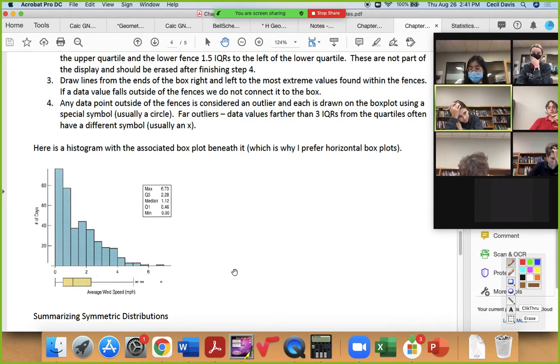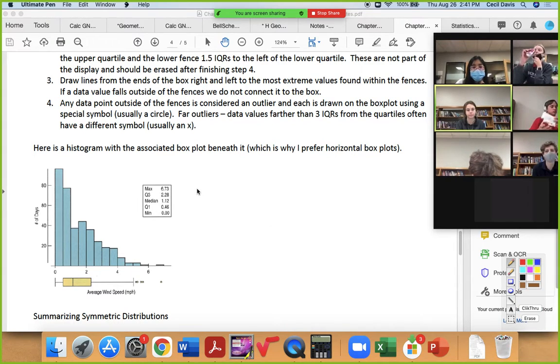What we would do if we had all of the data is you would first mark the median, which was 1.12. We'd mark the upper quartile and the lower quartile. The upper quartile is 2.28, that's here. The lower quartile is here at 0.46, and that's all exactly like you would have done in pre-algebra. Nothing has changed. But then what you would do is figure out where your fences go.